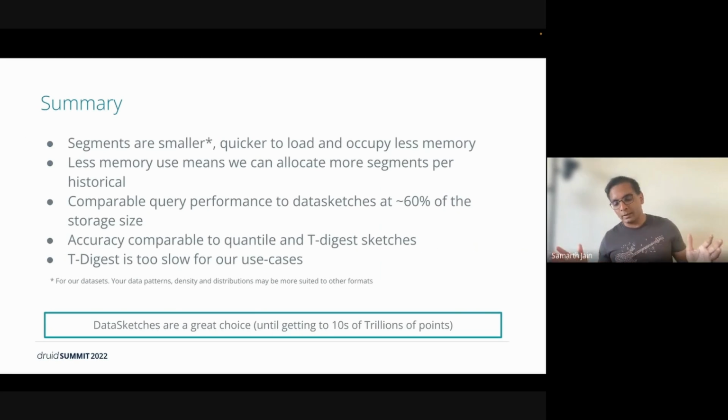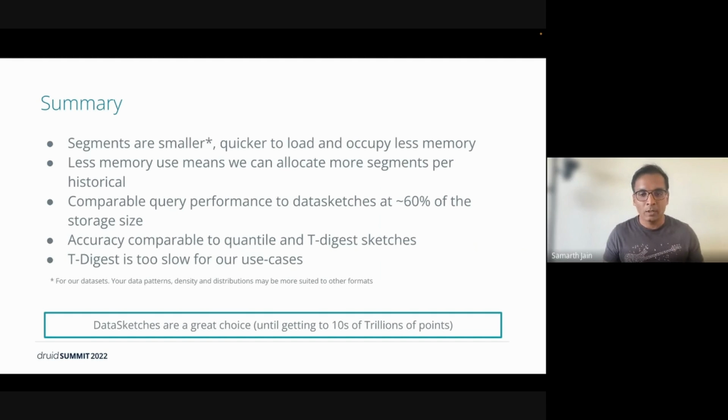So in summary, Spectator Histogram is an excellent option for us. The data size is significantly lower. What it means is that we will need less memory for storing the same number of rows, or alternatively, we can fit more into the page cache of historicals, or we can potentially save some cost and scale down historicals.